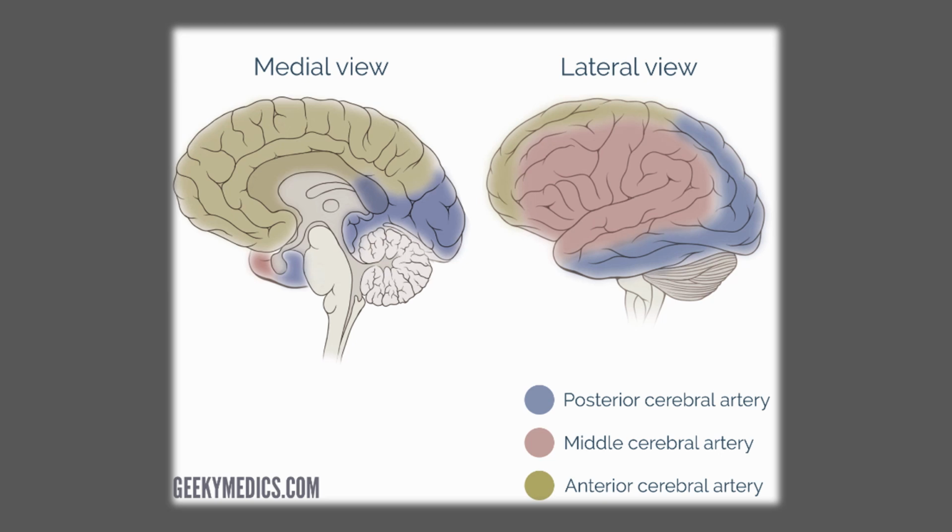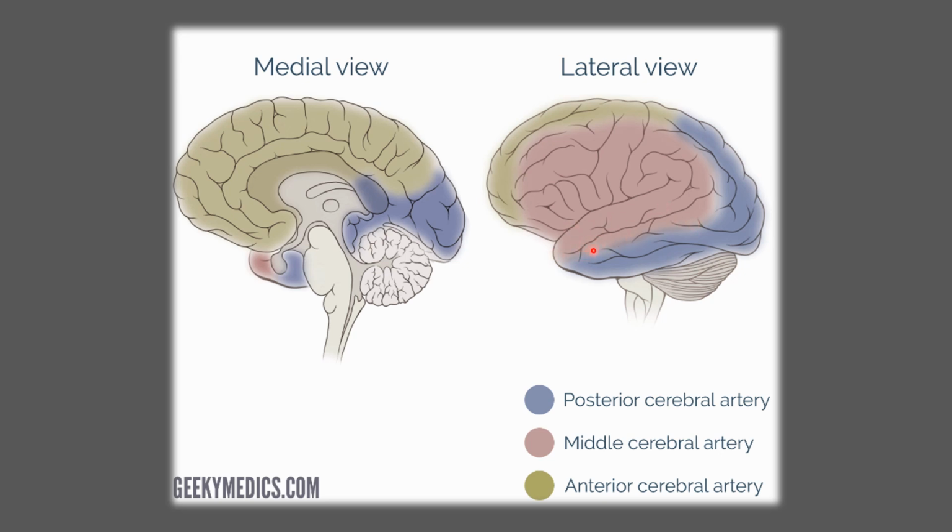So here we can see the brain from its two sides, the medial and lateral sides. As we notice on the medial side, the ACA is supplying most of the area, while on the lateral side, the middle cerebral artery is supplying most of the lateral surface, extending from the frontal lobe up to part of the occipital lobe, involving also the temporal area.